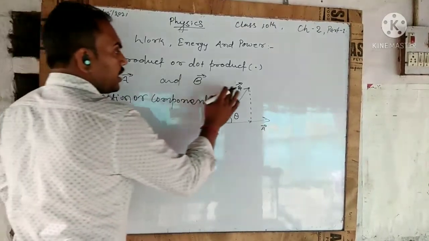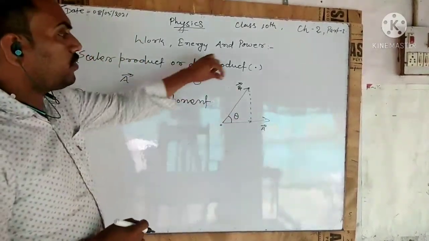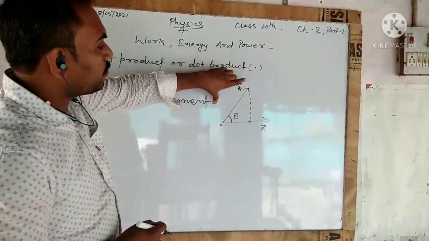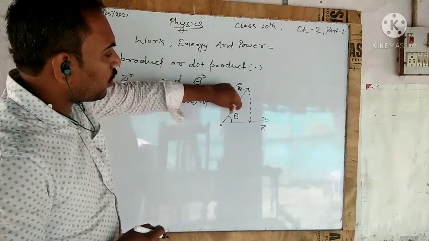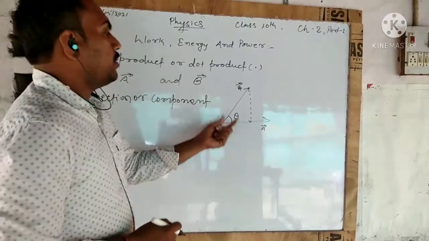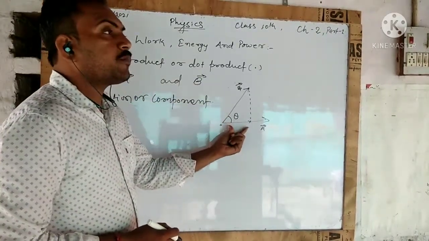Simply, if you take a torch and light up OB, the shadow of OB will fall on OA. This is called the component.